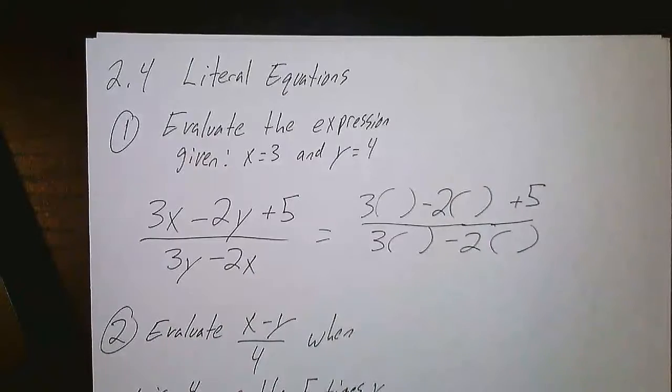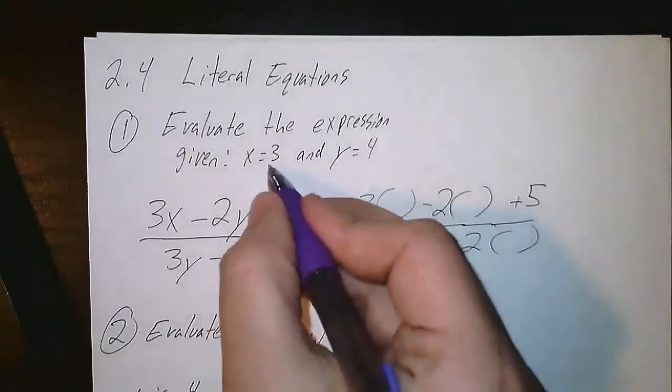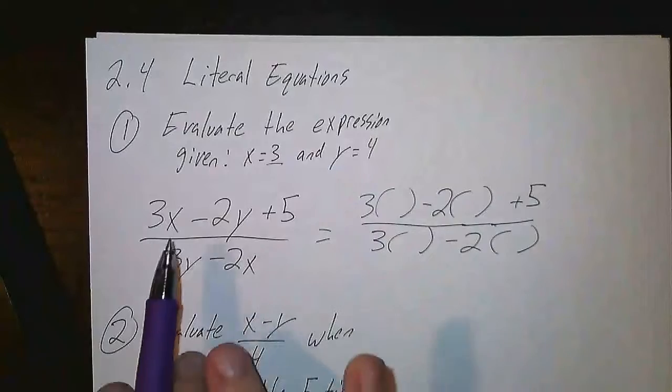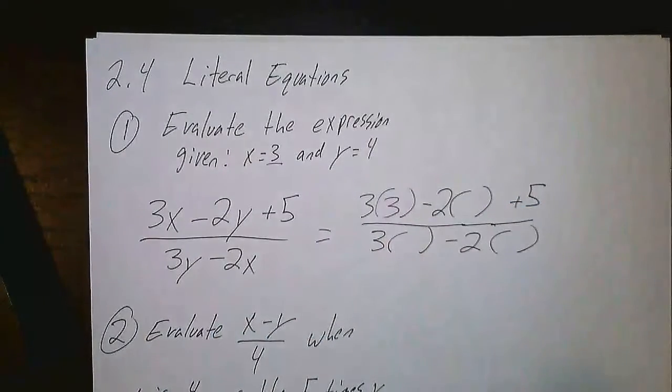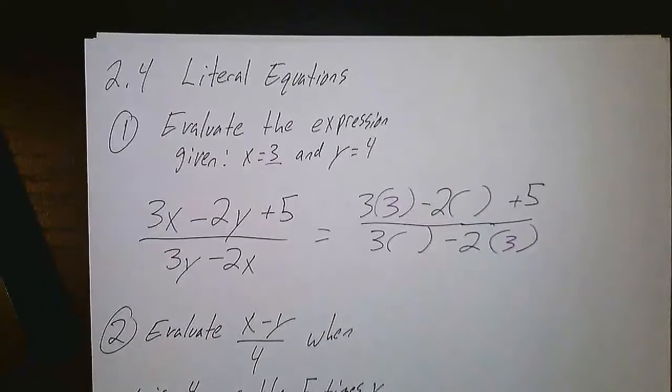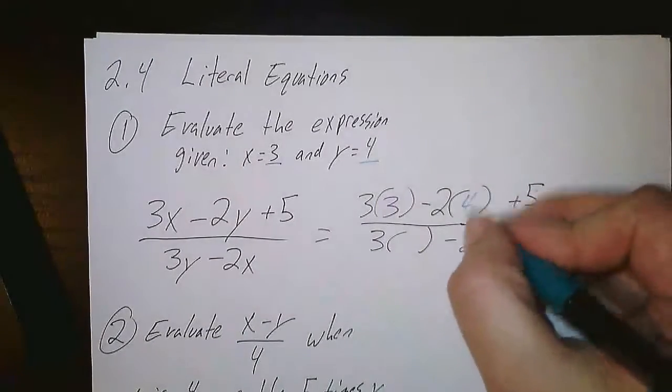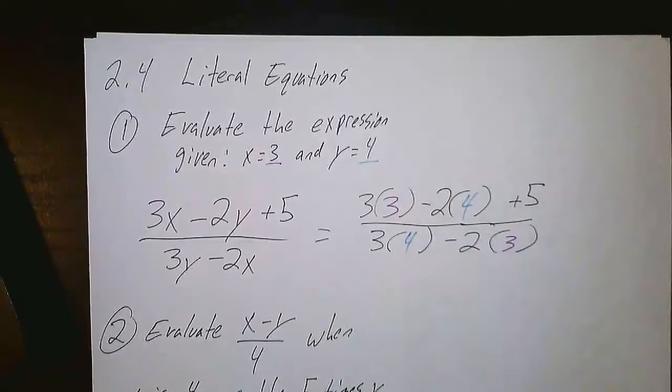So x is equal to 3. So everywhere an x appeared, I'm going to put a 3. And since y is equal to 4, I will plug in a 4 anytime we saw a y.